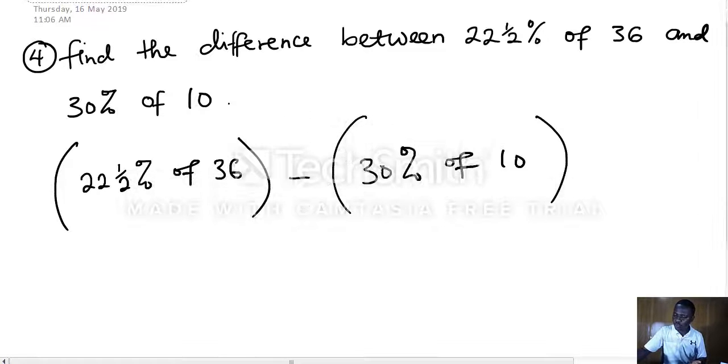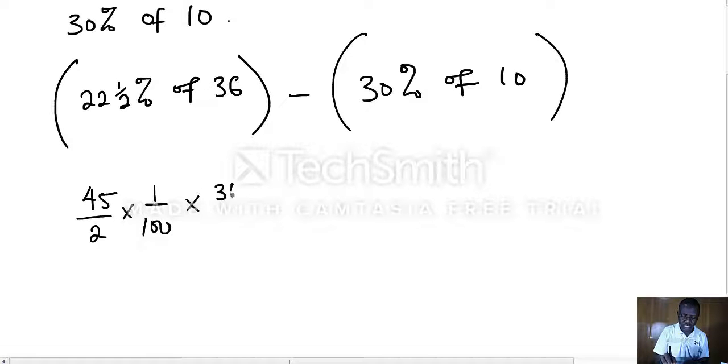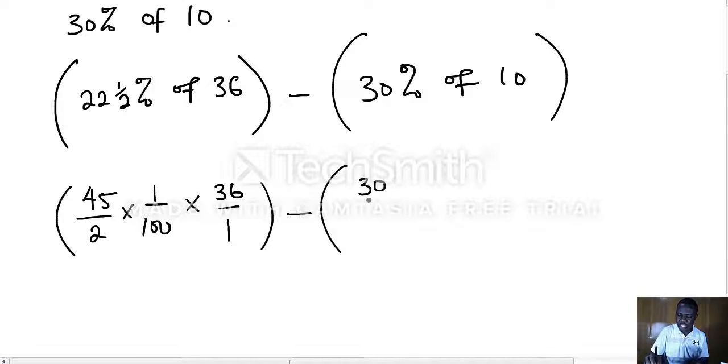So I'm going to solve them simultaneously, which we know that 22.5% can be written as, this is 22 times 2 is 44 plus 1 is 45 divided by 2 times 1 over 100, which is 22.5% of 36 over 1, minus 30% of 10 can be expressed as 30 over 100 times 10 over 1.